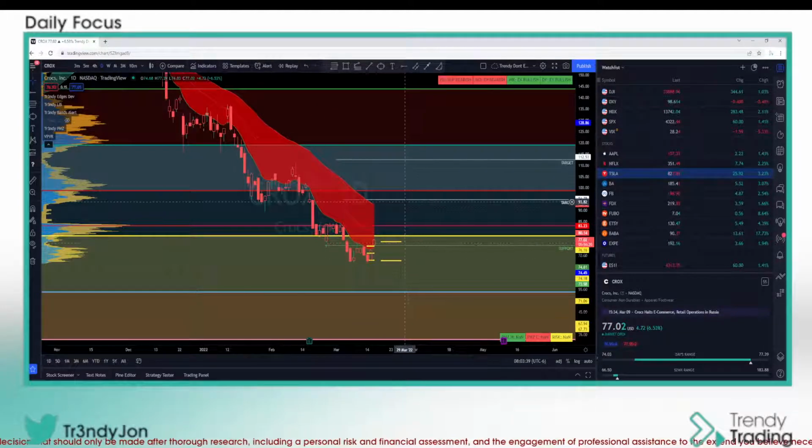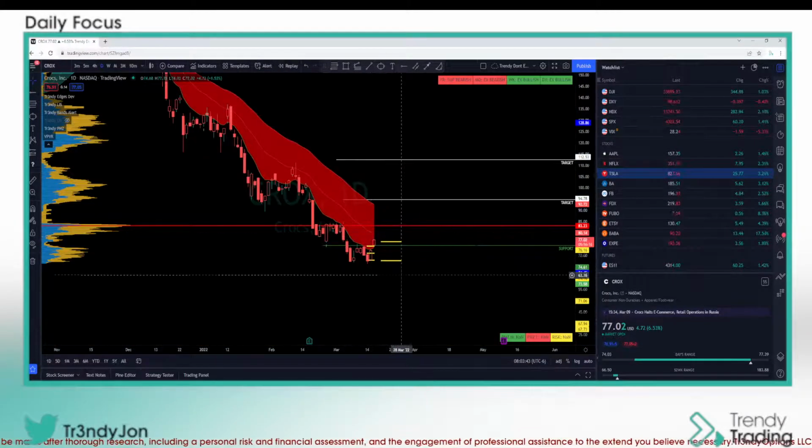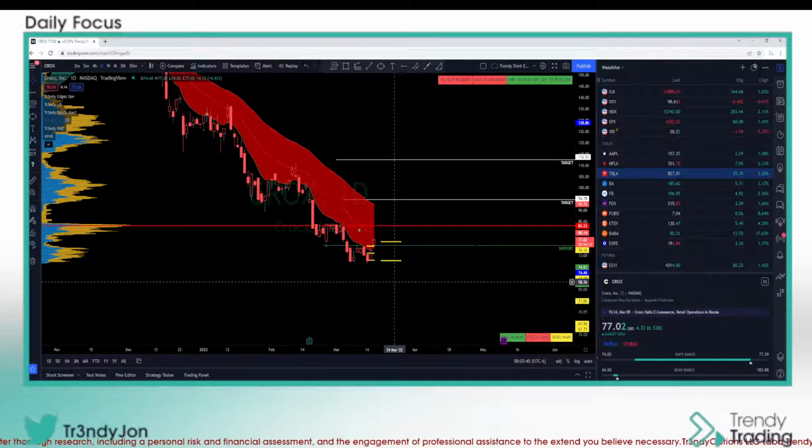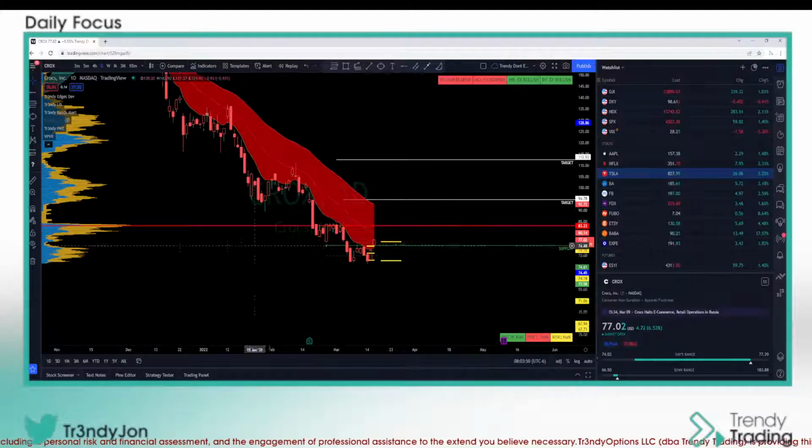I'm just showing you. See right there. So you could find this area right here as resistance. And basically that's where we're pushing up into right now.